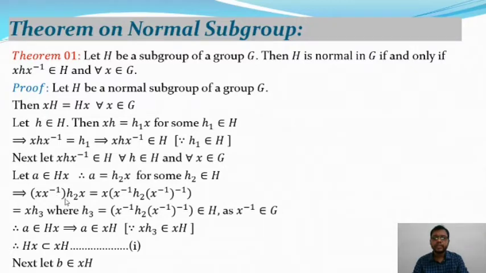And you know that x inverse h2 x inverse of inverse equals, say, h3, and h3 belongs to H as well, as given. Here x inverse belongs to G, since x belongs to G and G is a group, so the inverse property is also satisfied.